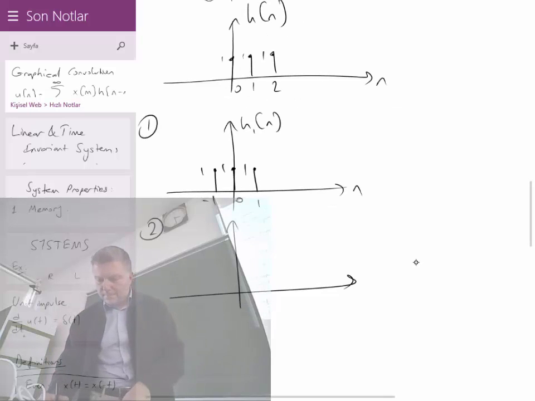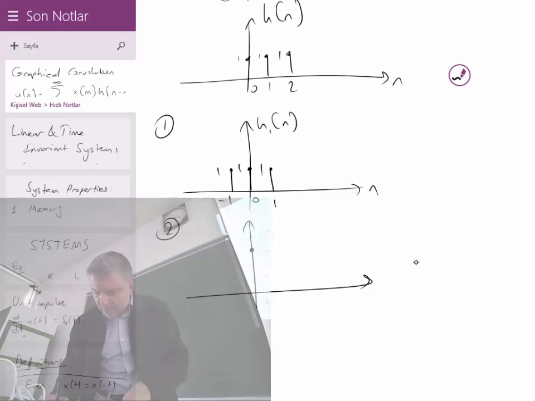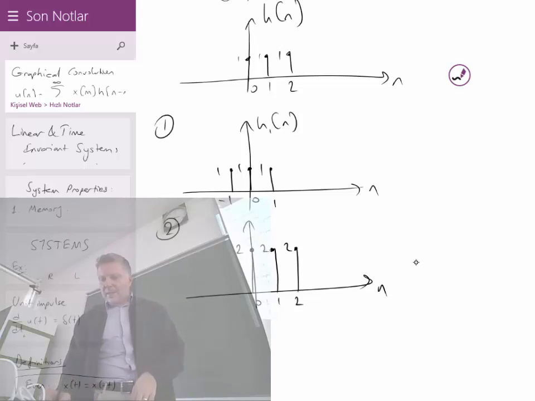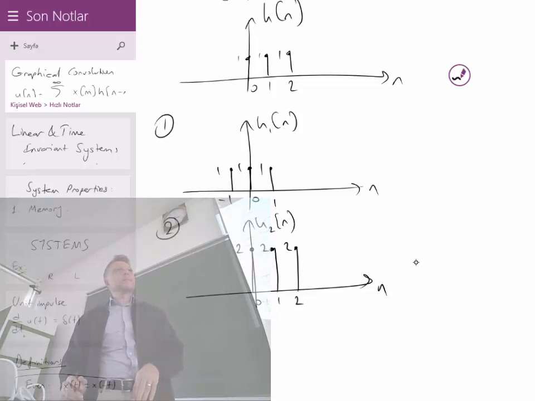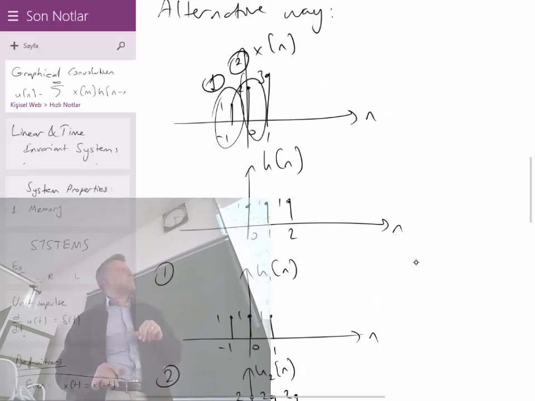Right? So it is 2, 2, and 2 at 0, 1, 2. Let's call it h2 of n. Okay? The response to the central impulse.